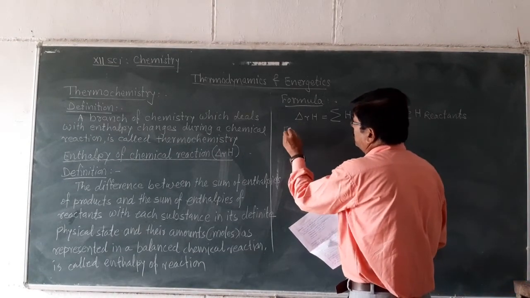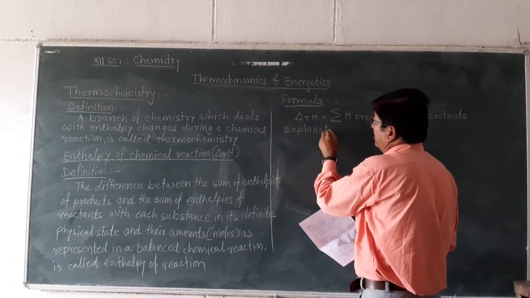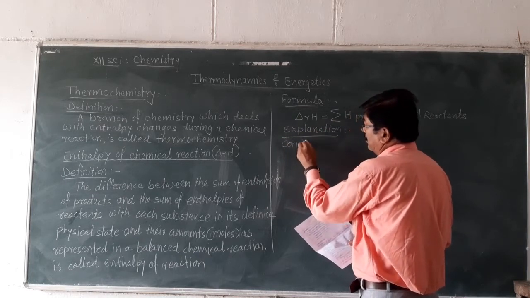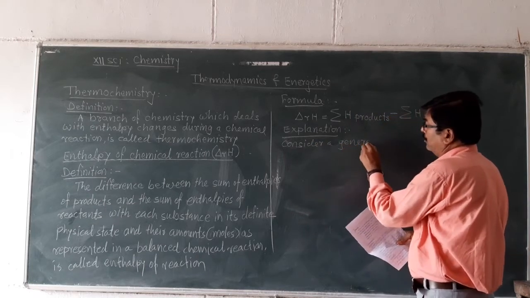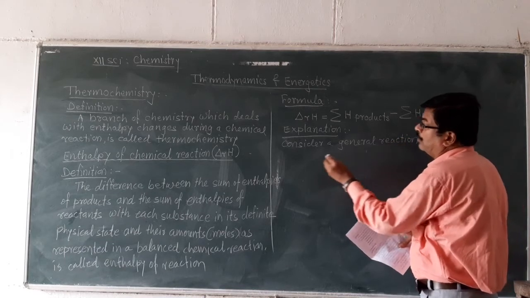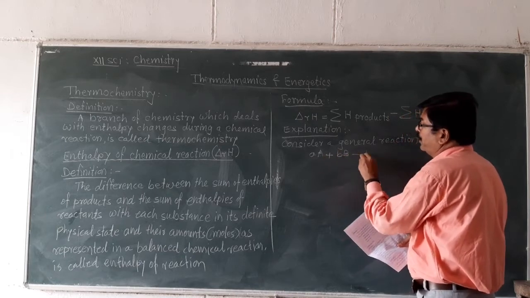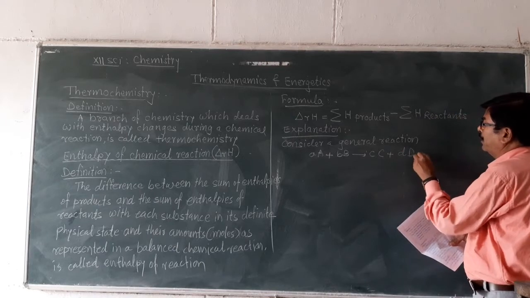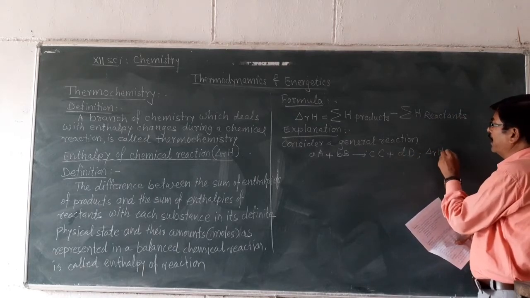Now it is to be explained with the help of a general reaction. Consider a general reaction: a moles of A plus b moles of B to give c moles of C and d moles of D, and we have to determine the enthalpy of this reaction.